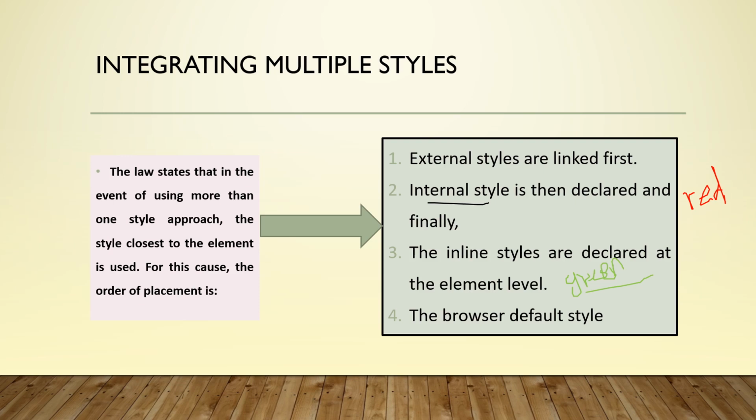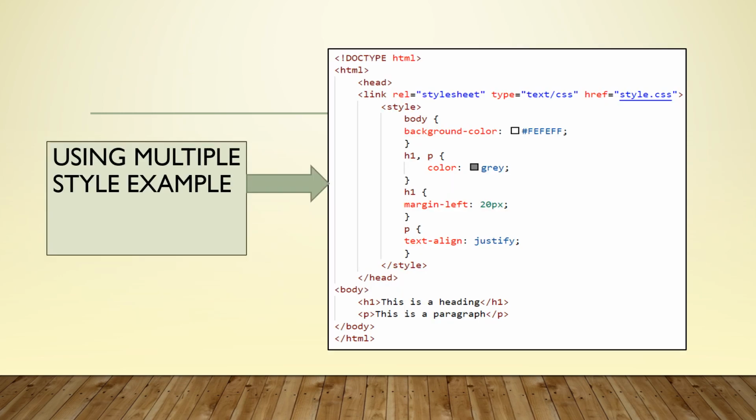The same thing is applicable when you put the style in the external style sheet. Look at the example of how this is styled. We have two of the style approaches implemented here. Number one is a link to an external style sheet whose name is style.css.